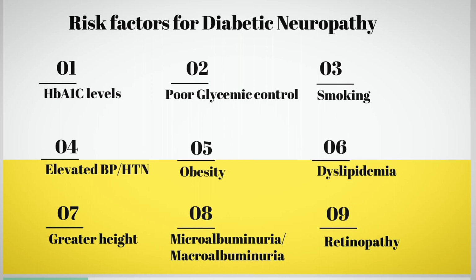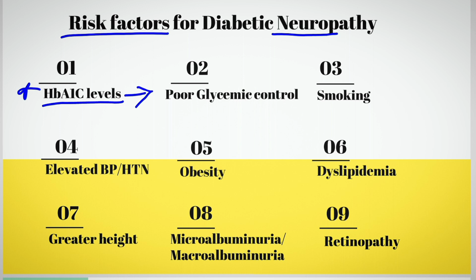Now let's discuss the risk factors for development of diabetic neuropathy. One of the most important risk factors is a high level of HbA1c, which means there is poor glycemic control in a patient with diabetes.